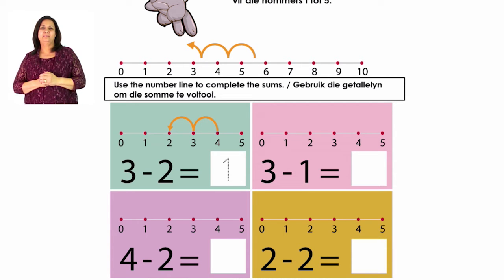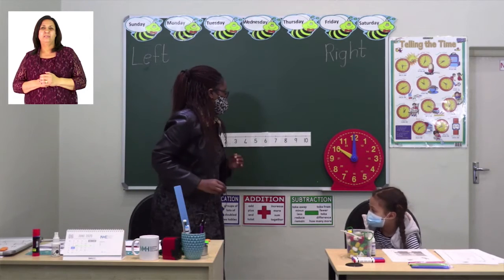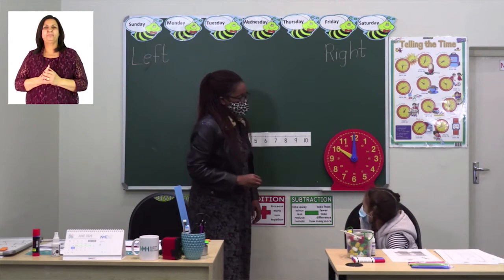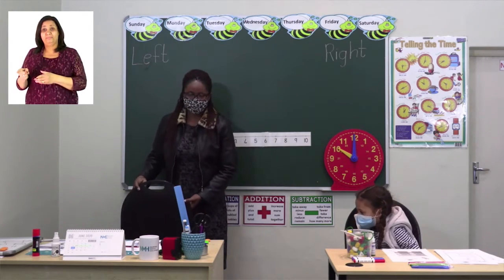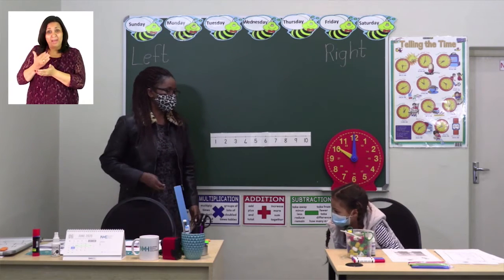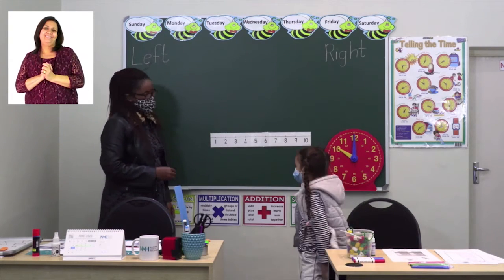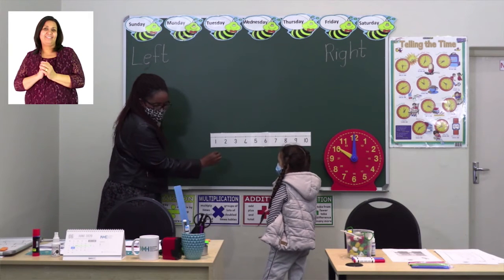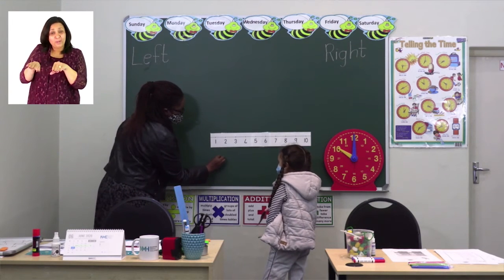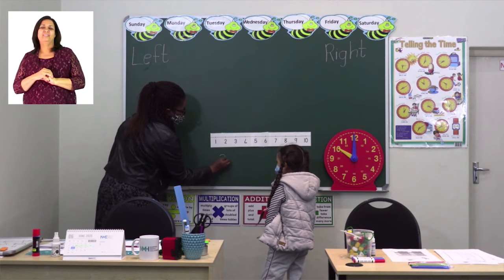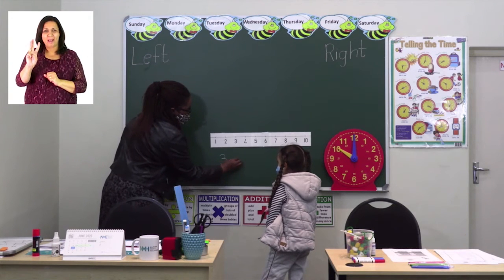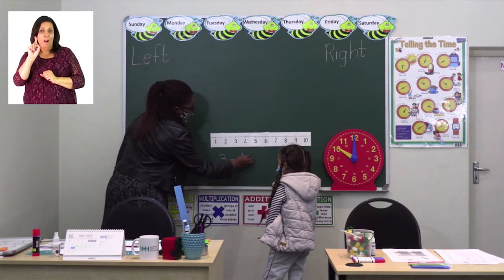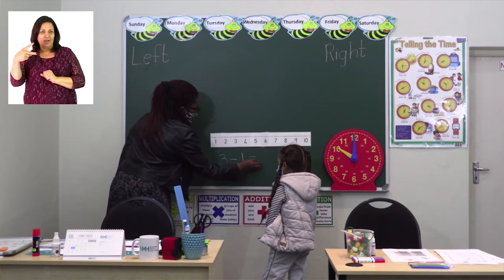Now come with me to my board, my green board, and I would like to invite my friend to come over. I will write the first sum so that my friend can be able to see what I am talking about. It says 3 minus 1 equals.